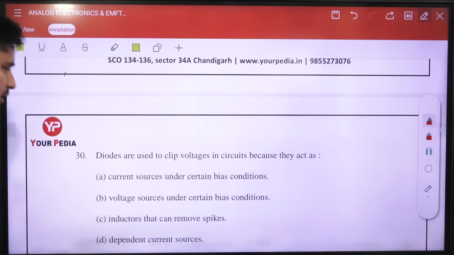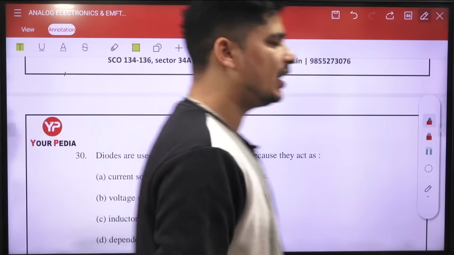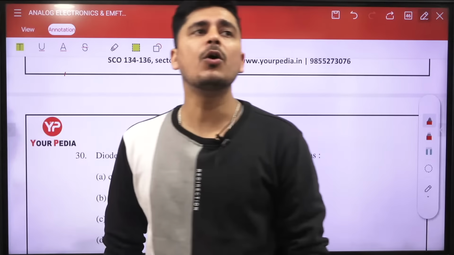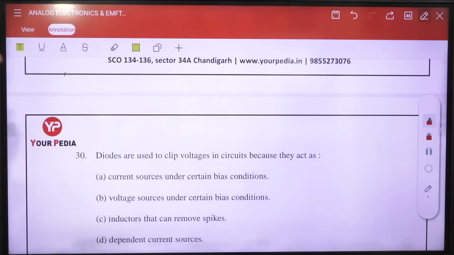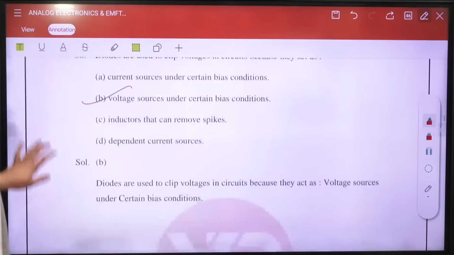Yes, diodes are used to clip voltage in circuits because they act as a what? They act as a voltage source under certain bias conditions. So the answer will be B here.